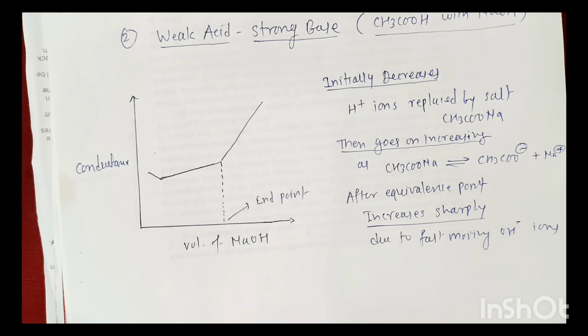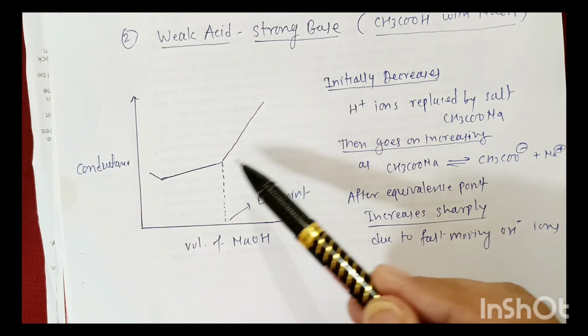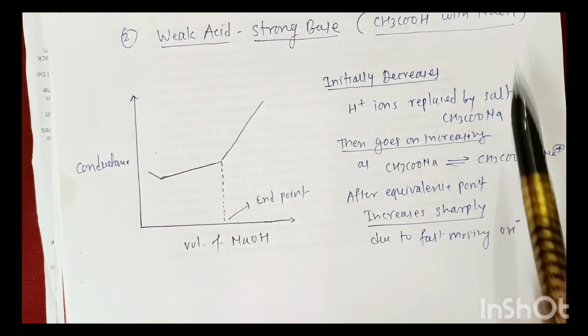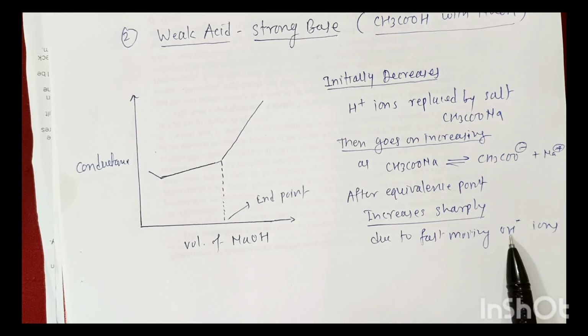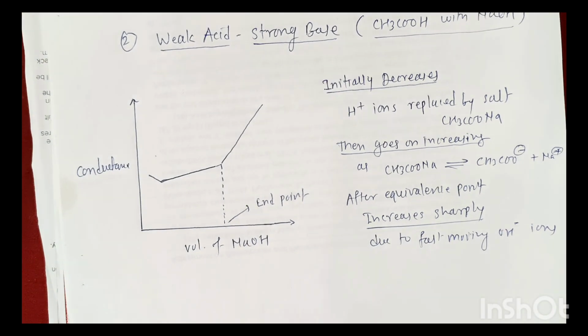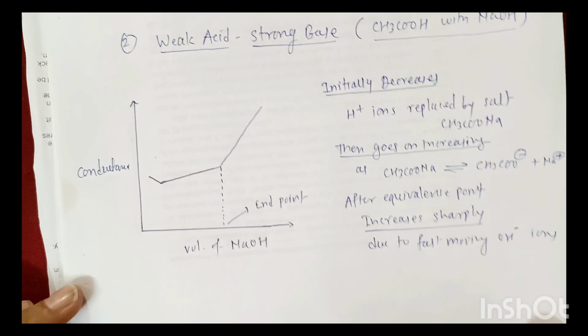And after complete neutralization there is a sharp increase in conductance due to the increase in concentration of faster moving OH- ions, and this is the end point. This is the weak acid, strong base titration.